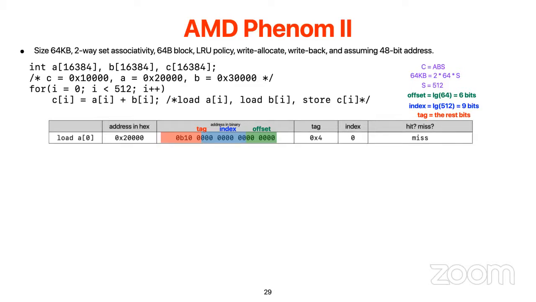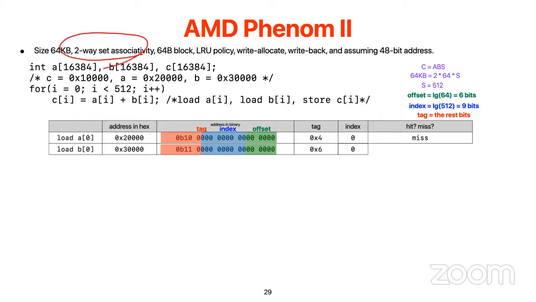Currently there is nothing here, so it's a miss. The next address is 30,000 in hex; partition it, and you figure out that the tag is 6 and the index is still 0. However, remember this is a two-way set associative cache, so we can still hold one more block in index 0. But because there's no 6 in the past, it's still a miss.